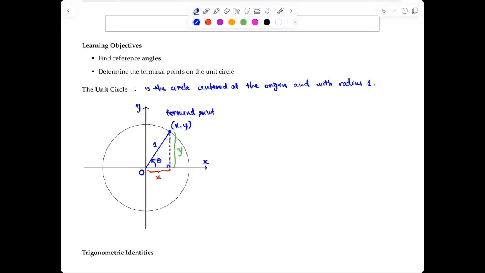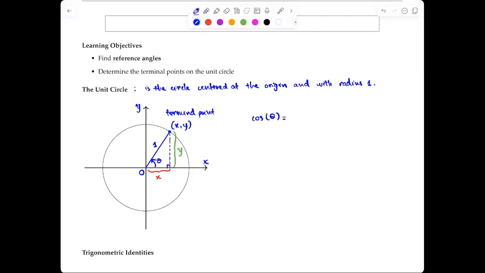Now the next thing we're going to do is some calculations related to this angle and the unit circle. We're going to use the trigonometry ratios that we just learned in the last lecture to calculate the value of cosine of theta and sine of theta. For cosine of theta, we do the adjacent over the hypotenuse.